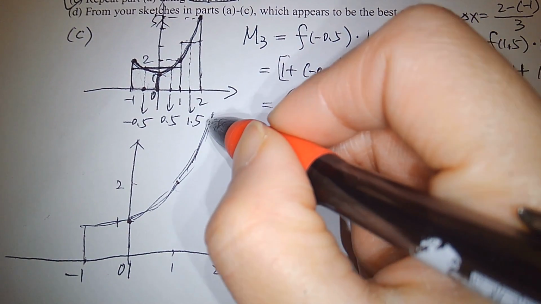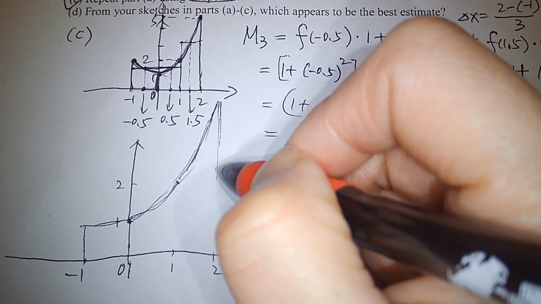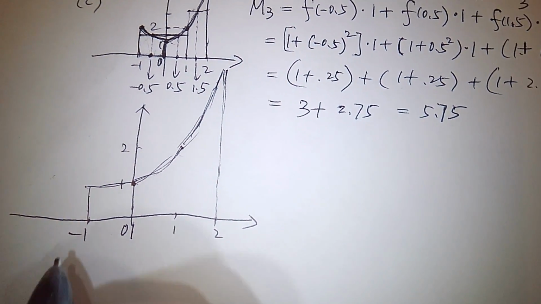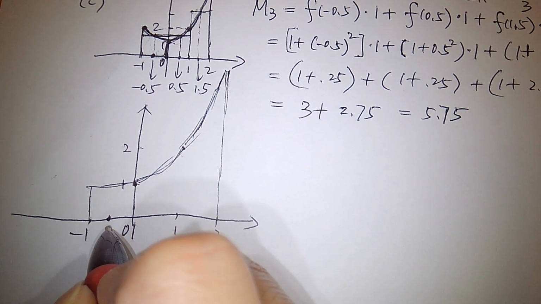This time, we'll have how many rectangles? 6, right?